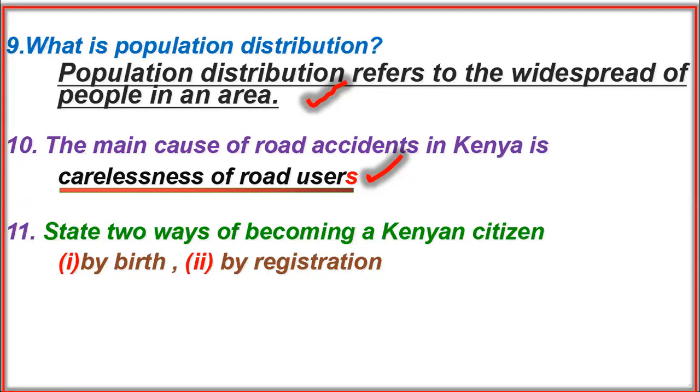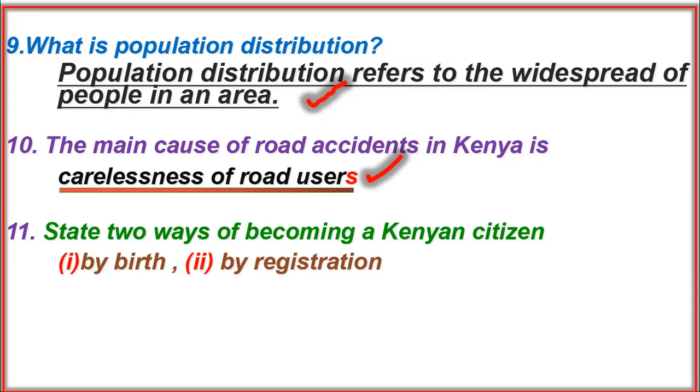That child, when found in Kenya, is assumed to be a Kenyan citizen. The other one is registration, where you have, first of all, to spend a minimum of 7 years in the country, so that you can qualify to apply, among other factors.